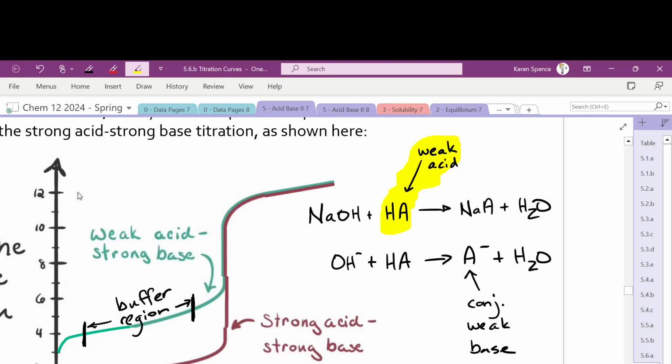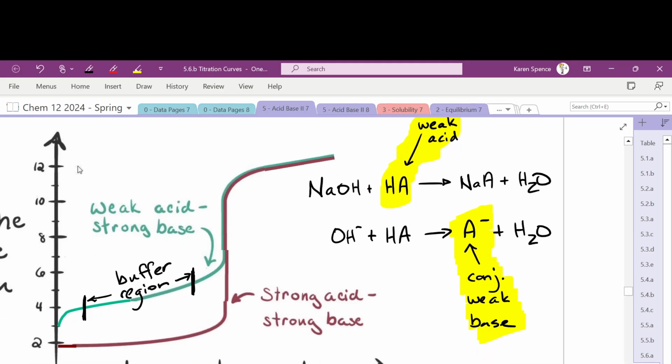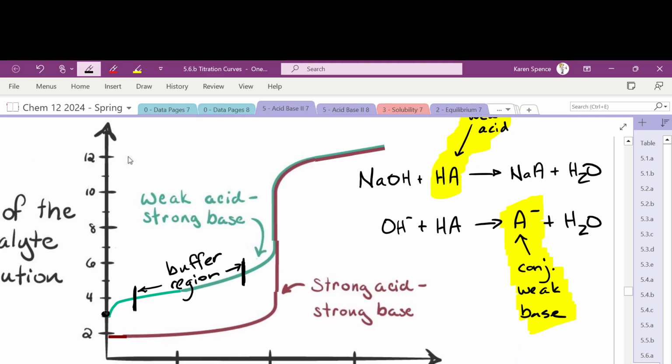And if we're past the initial stage when it's only weak acid, we will have produced some conjugate weak base, yes? So in between the very start and the equivalence point, you're going to have some weak acid, some reactant, and some weak base, some product. So at this point right here, this is all reactant.